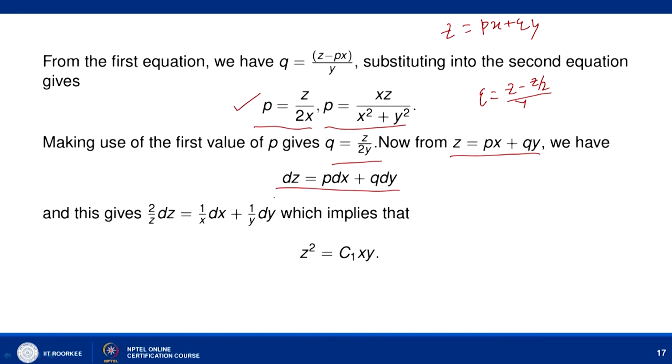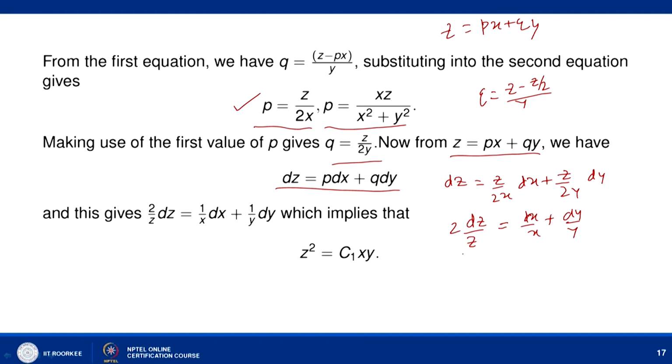Then you simply write dz, and p is z by 2x dx, and q is z by 2y, so z by 2y dy. If you simplify this, it is dz by z, and you can take 2 here, then it is dx by x plus dy by y.